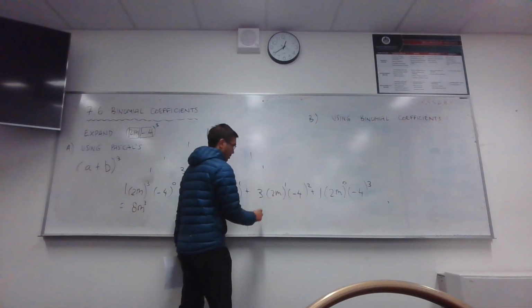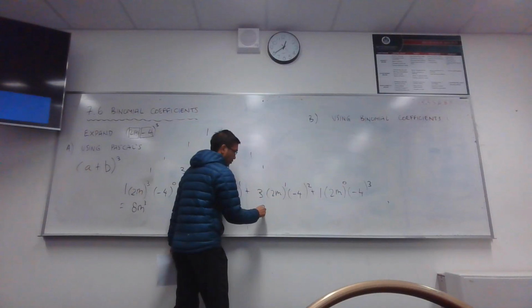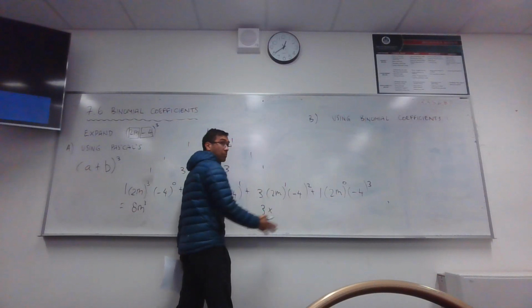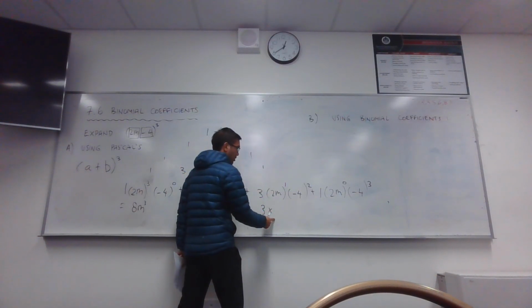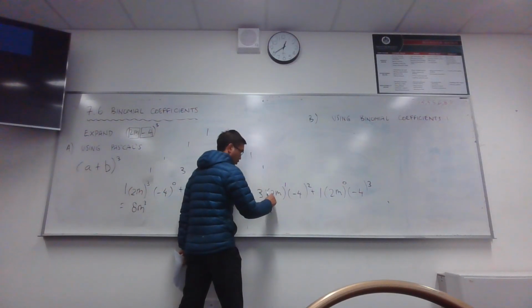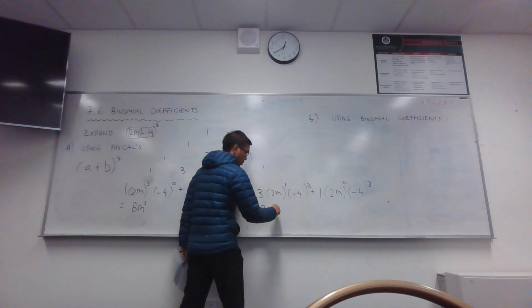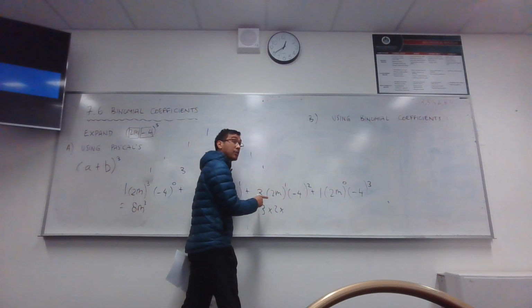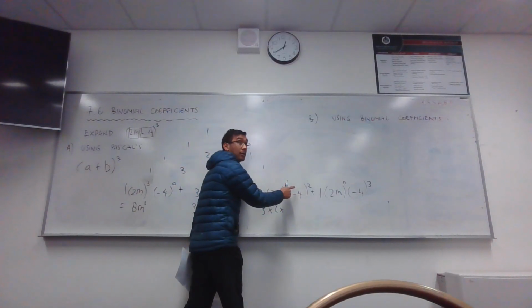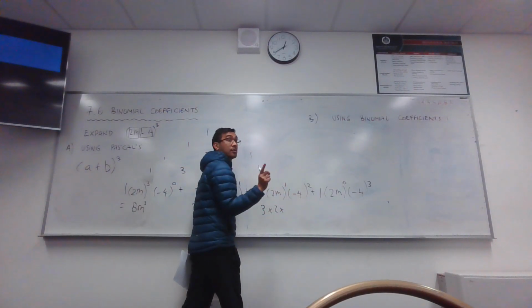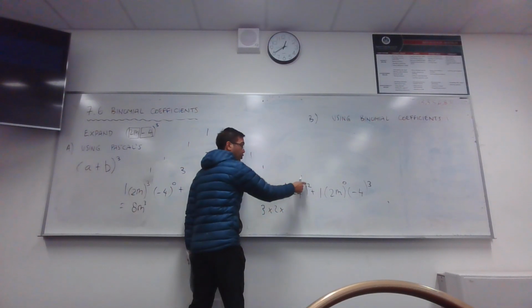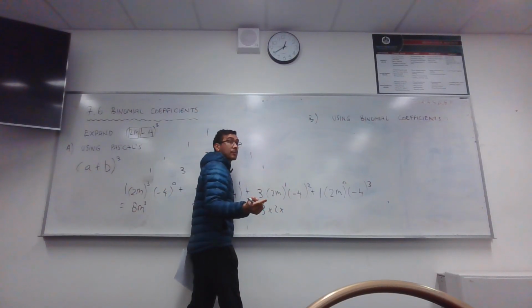Going over here. 3 times, what are the numbers that we're multiplying by? 3 times 2 to the power of 1, which is 2. And then what's the last thing we're going to times by? Negative 4 squared. 4 squared is 16, and 2 negatives make a positive 16.